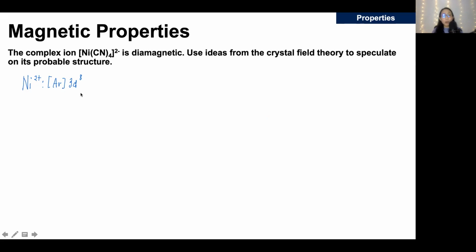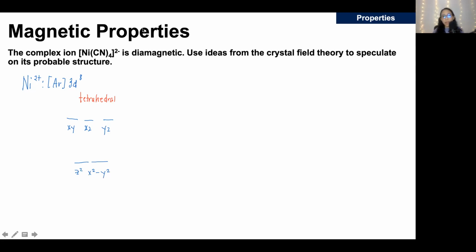If we look at the tetrahedral, again, it's just the opposite of your octahedral. So we have xy, xz, and yz. It doesn't matter which you write first because they are of equal energies. And you have the z squared and the x squared minus y squared.